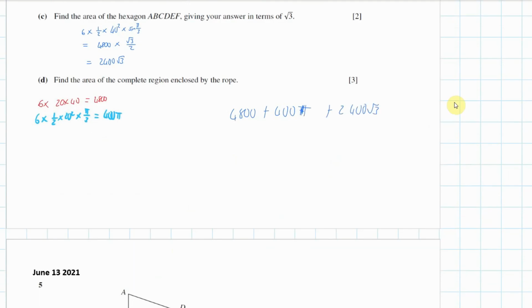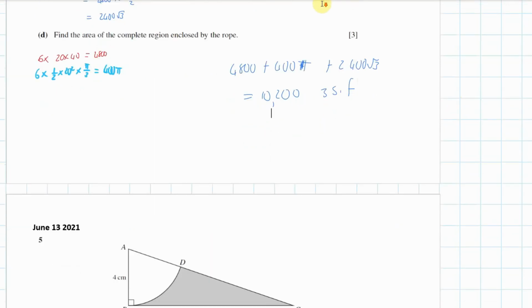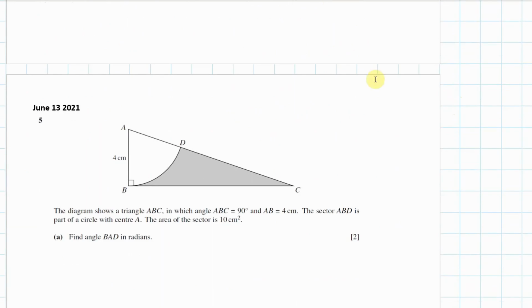Now, what does this give us? When we add it all together, I get 10,200 to 3 significant figures. Alright, I hope that's helpful.